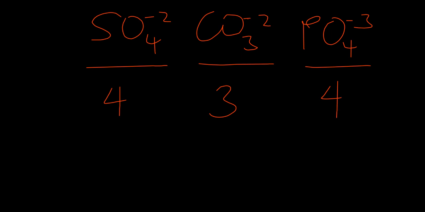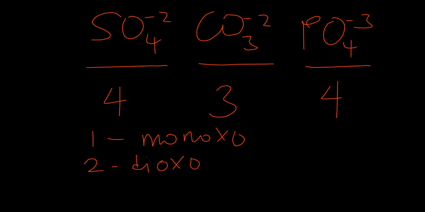Now, in naming oxo-anions, the number of oxygen atoms in the anion really matters. So you need to know how to name the number of oxygen in the anion itself. If the number of oxygen is 1, it should be a mono-oxo. If the number of oxygen is 2, it will be a dioxo.